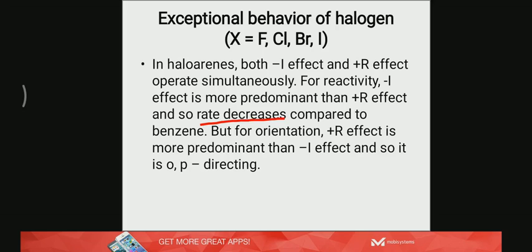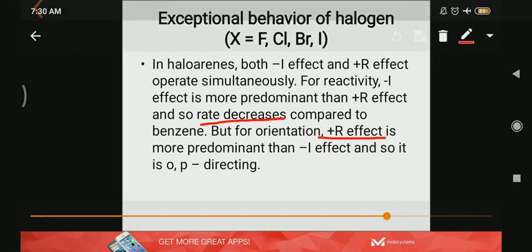But for orientation, plus R effect is more predominant, or more selective, than minus I effect, so that attack takes place at ortho-para position. So it is ortho-para directing. Basically, chlorobenzene is less reactive than benzene itself, but if at all reaction takes place, it will be at ortho-para positions, right?